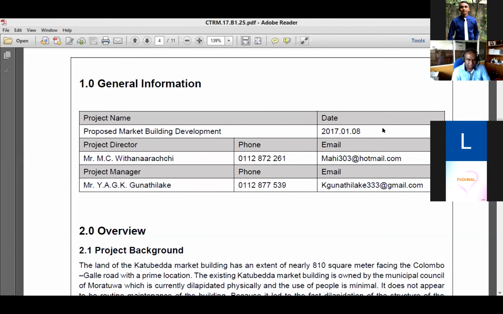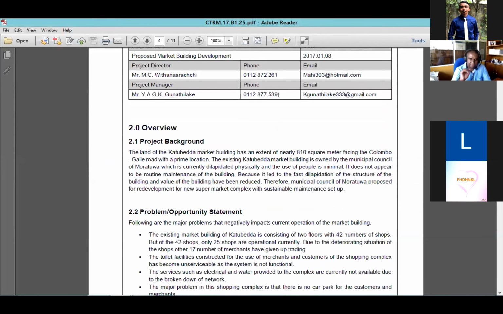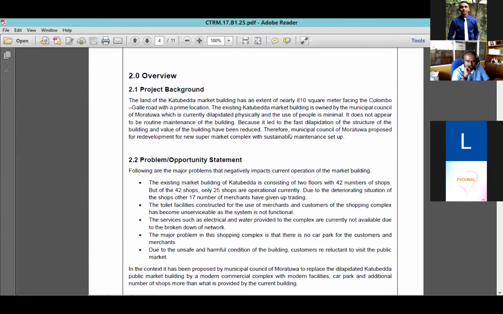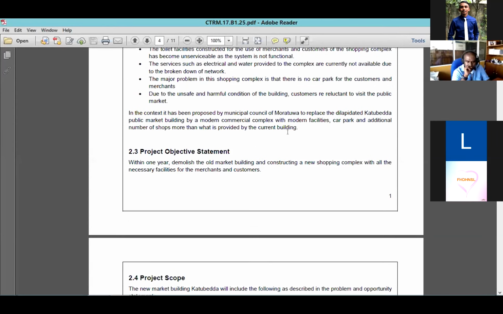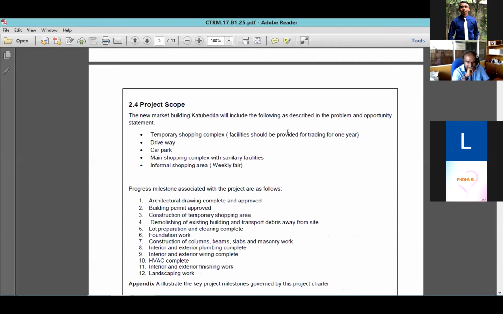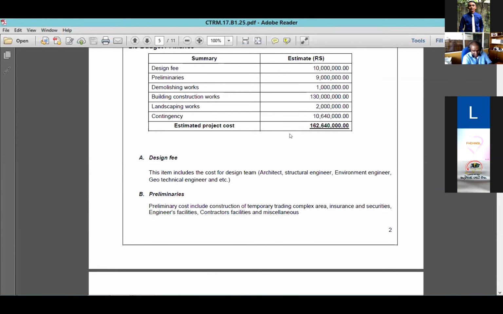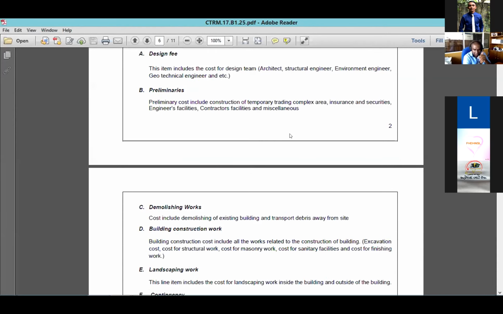Right, good. You know the things that are in there, right? You have the contract there. Scope. Right. Good. Good in the sense, I know that you're not the person who has done that, but at least you have found that out. Yes. Design fee is there. Preliminaries is there.